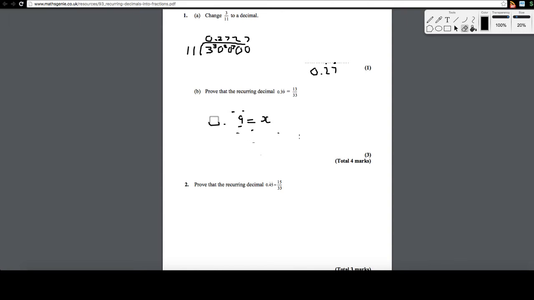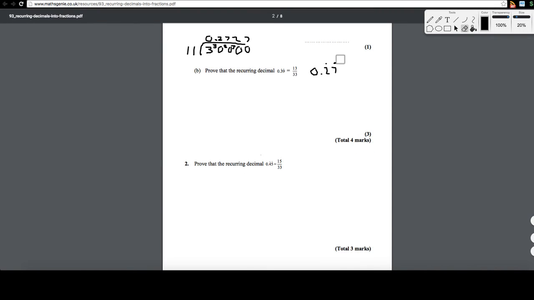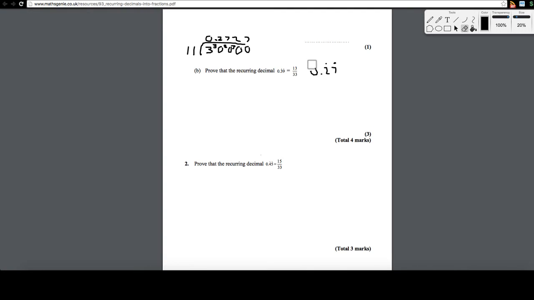Once you get to that stage, if it's a proving question, you should be able to realise that simplifying it will just leave me with the 15 over 33 that we see here in the top of that question.